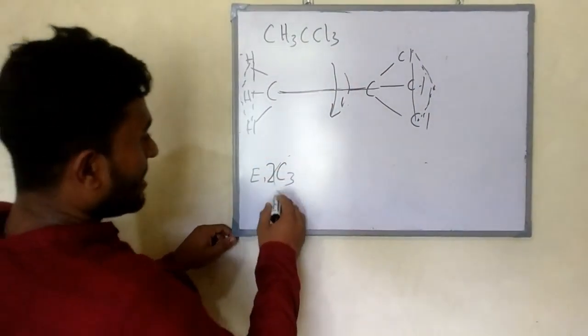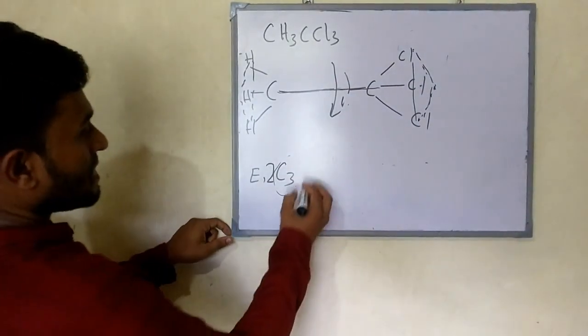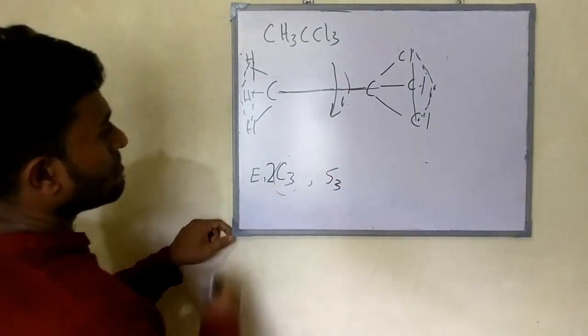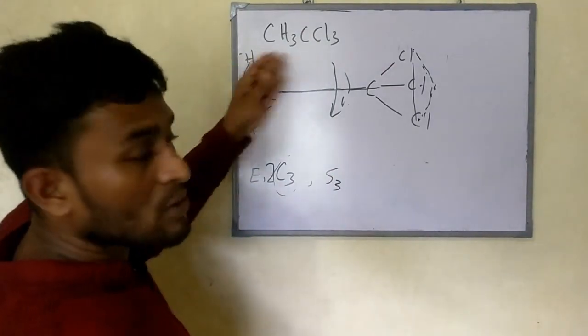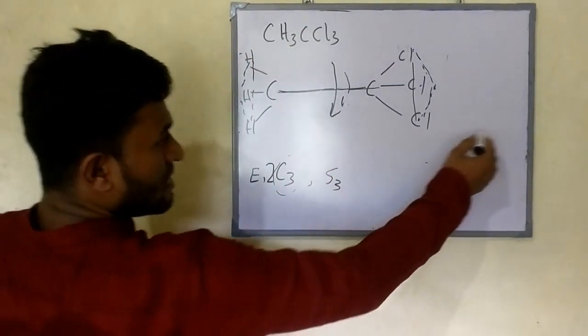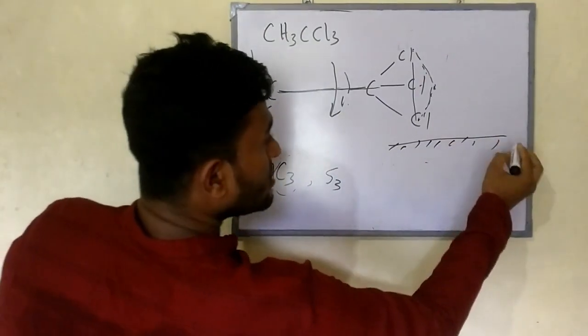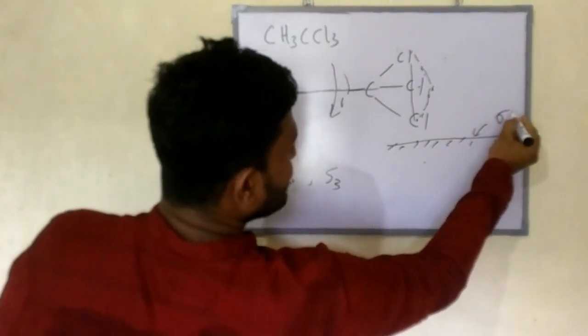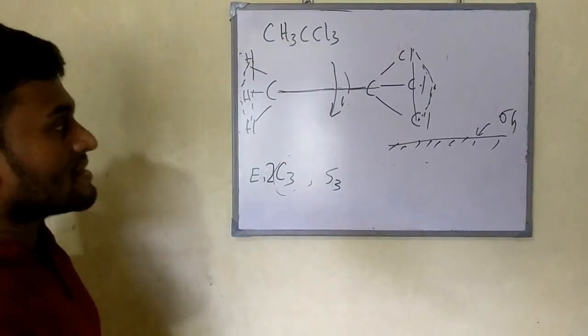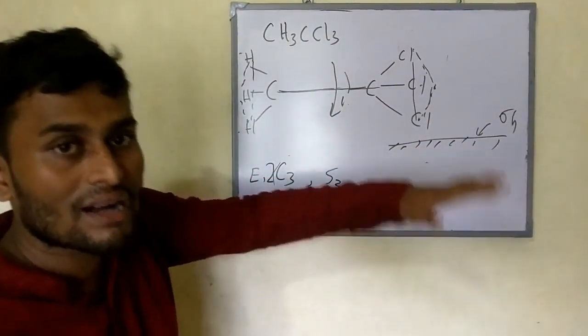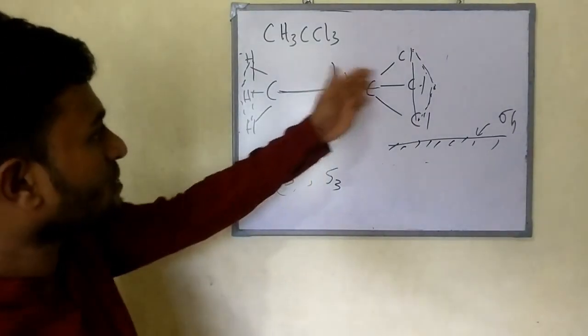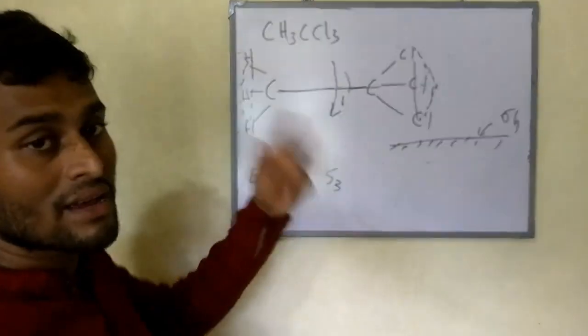If the C3 is possible, S3 also possible. But if you take S3, in the second operation you are going to add the mirror image sigma h. Then everything will be cut into two halves. But if you cut into two halves, the things will be different.